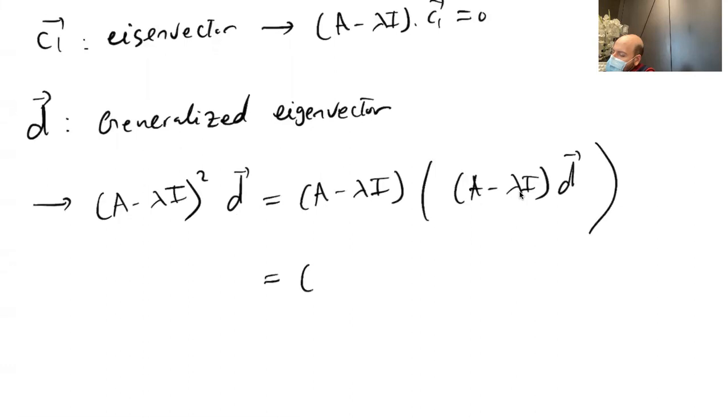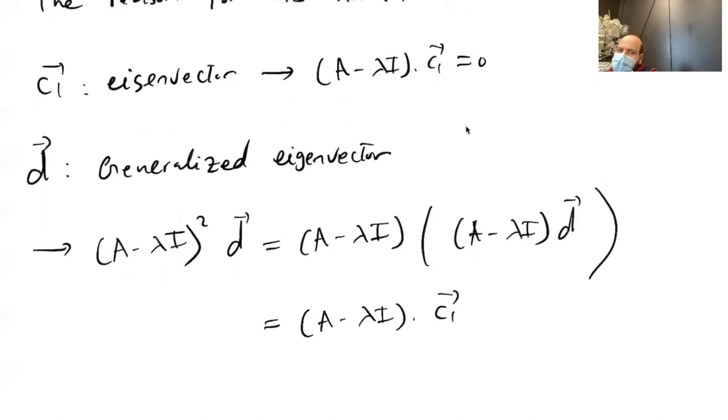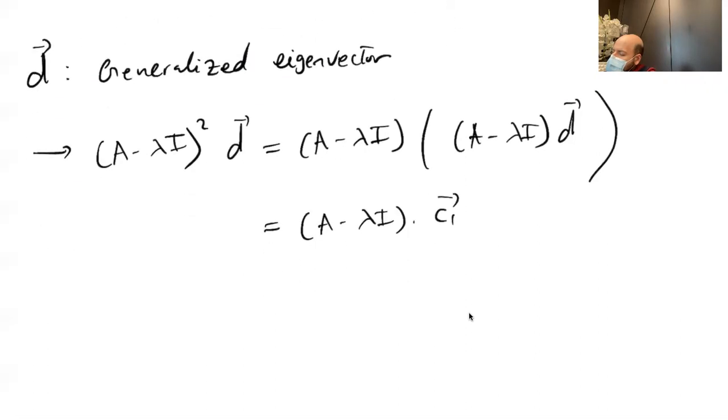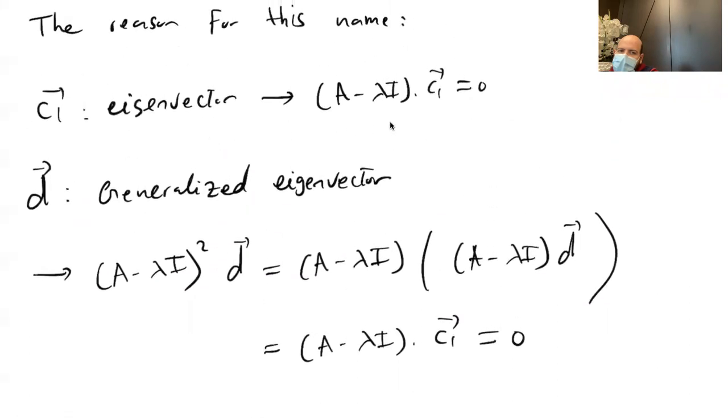Then I have A minus lambda I times C1, which I already know is 0. So instead of A minus lambda I times the eigenvector equals 0, this time we have A minus lambda I raised to some power times the generalized eigenvector equals 0. Because the power 1 is replaced with some other power, this vector is called a generalized eigenvector.